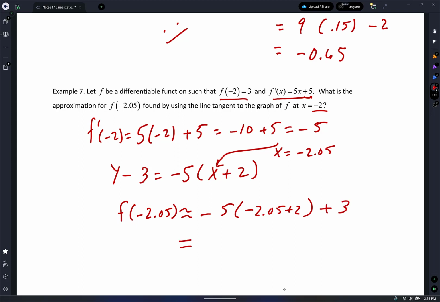So what do we get there? 3.25. All right, and there it is. I don't see any errors. I think we're good. That's 0.25, negative times the negative, 3 plus 0.25. Yep, good job. How do we feel?